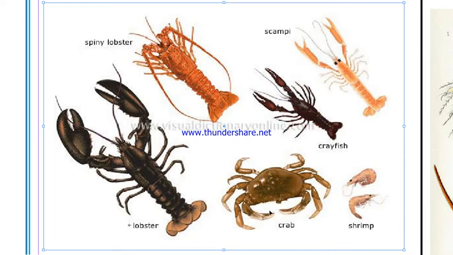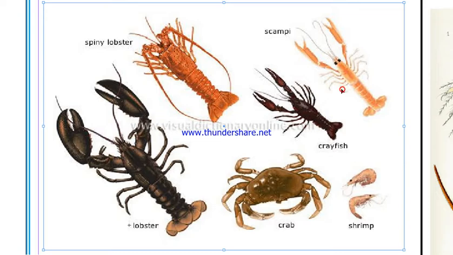Okay, in the case of crab also you can see 1, 2, 3, 4, 5 pairs of appendages, and the first pair is modified as the clutch. They can bite, they can sting you with it. Look at this scampi.